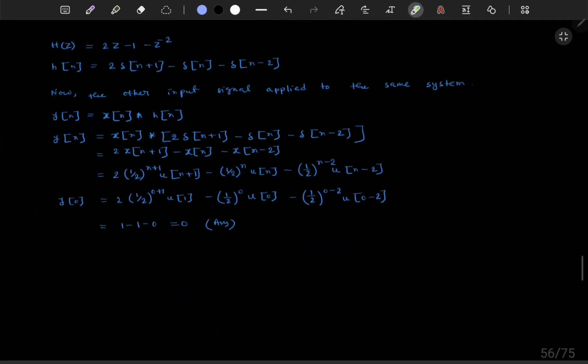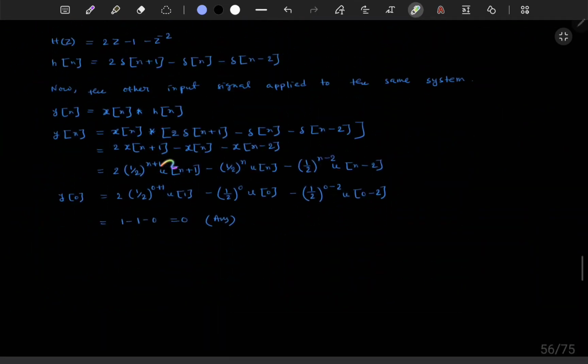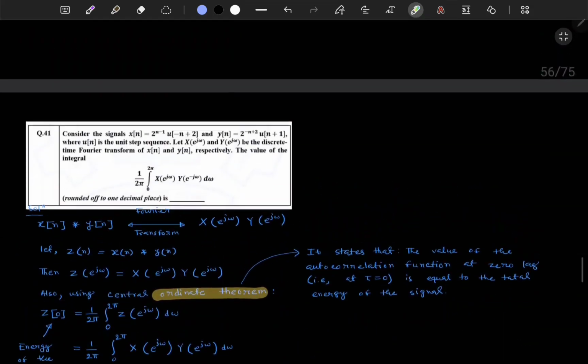In place of n, we put n plus 1 here and n minus 2 here. Now we need to find y of 0, so in place of n we put 0. So we will get this, the magnitude is 1 only. So 0 is the answer.